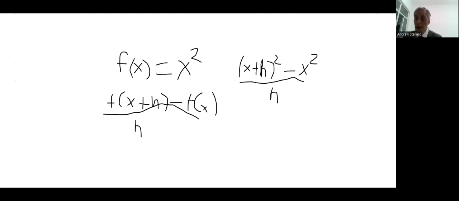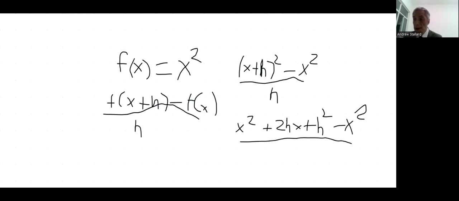And now, multiplying this out, we have x squared plus 2hx plus h squared minus x squared all over h.